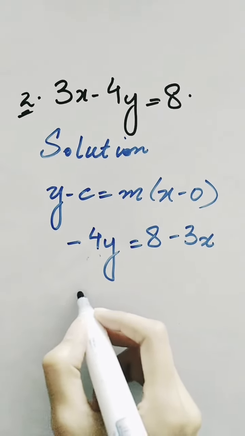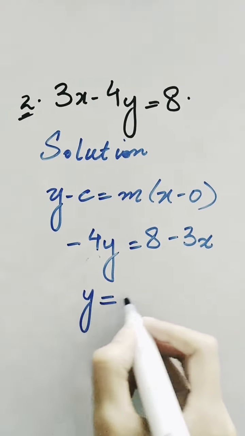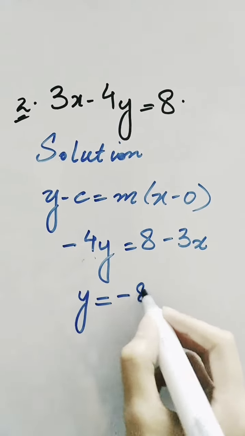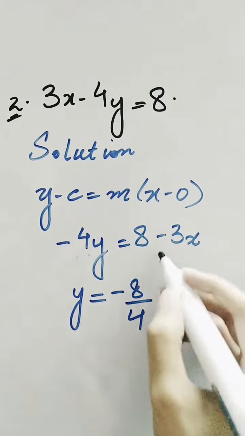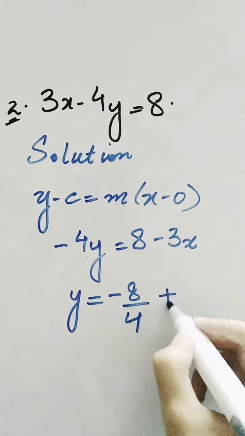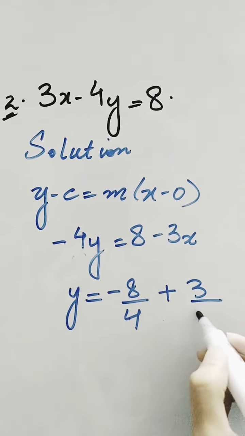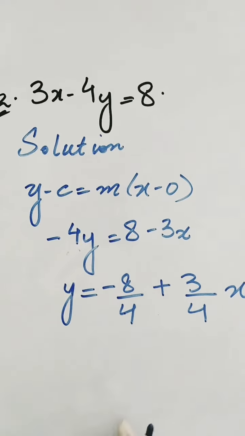So y equals minus 8 over 4, and the minus of this minus 3x over 4 makes it plus 3 over 4 x.